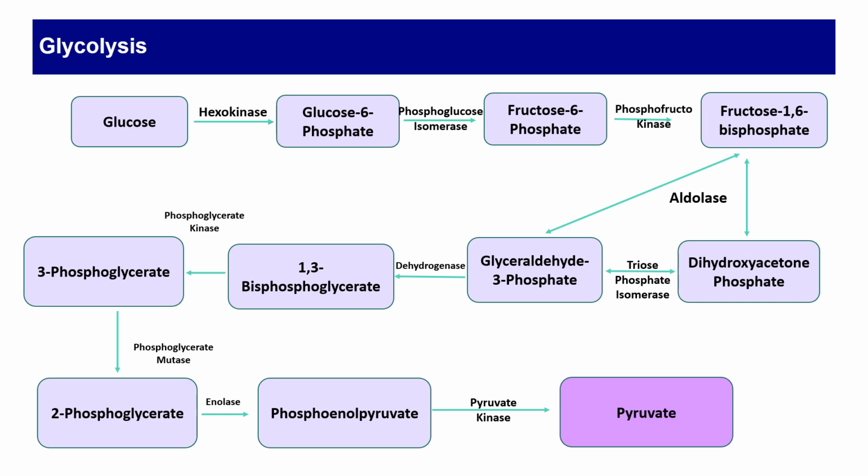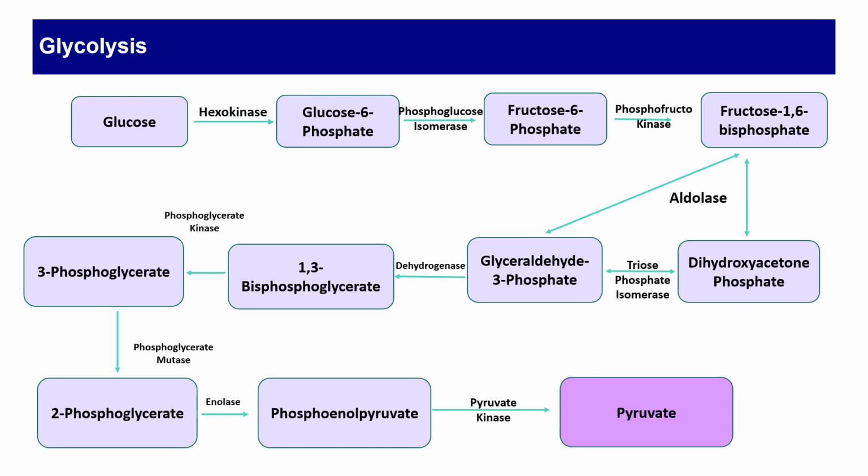Oxidation of glyceraldehyde 3-phosphate to 1,3-bisphosphoglycerate occurs by the enzyme glyceraldehyde 3-phosphate dehydrogenase, which is a NAD dependent enzyme.